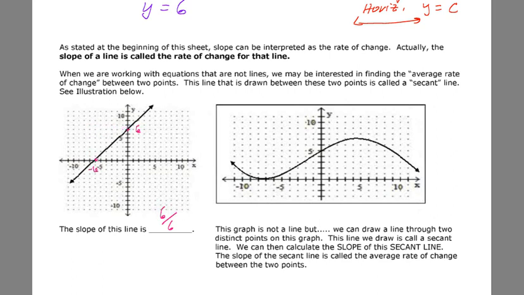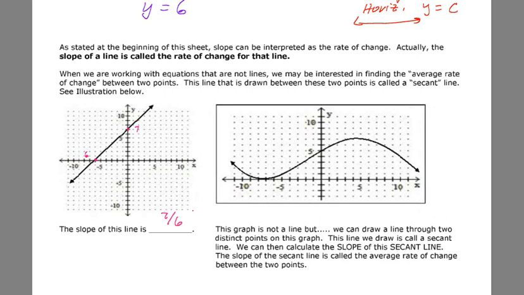Let me count that again. 1, 2, 3, 4, 5, 6. Well, that is at 7. Uh-oh. You're going to get aggravated with me. That is at the point 7, and that is at the point 6. So I didn't miscount. The rise is 7, the run is 6. So it's 7 over 6.